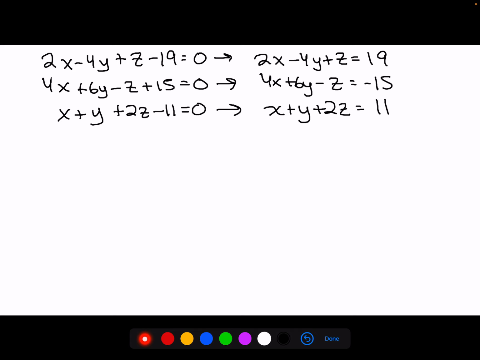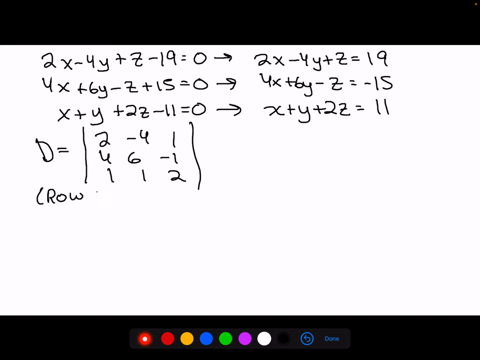All right, for capital D, I'm finding the determinant when I take all the coefficients of the x, y, z's and make a little matrix: 2, negative 4, 1; 4, 6, negative 1; 1, 1, 2. Let's say I use row 3, because of the 1s; I thought it might be a little easier.